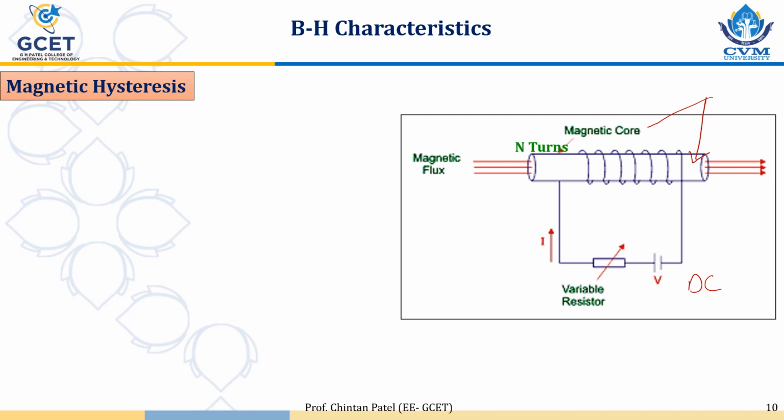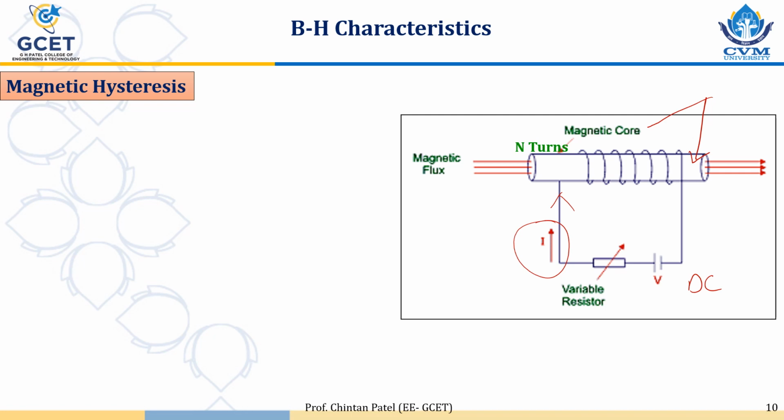Due to this source, current I is flowing through the circuit, and if the value of resistance is very high, current is very low. So let's assume at present we set the resistance very high so that current is negligible.